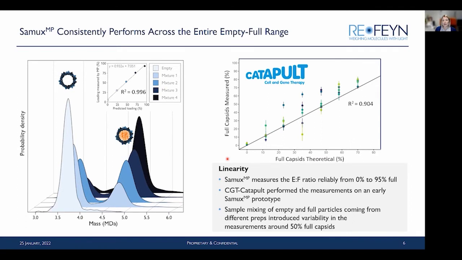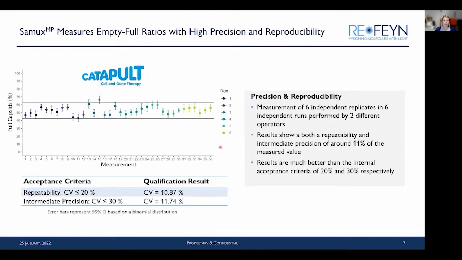Now they thought that this could be introduced by the mixing rather than through the variability of the Samux. So they next performed the following experiment. They wanted to assess the precision and reproducibility of the Samux MP, and for that, they produced 6 independent replicates and measured each 6 times by 2 different operators.